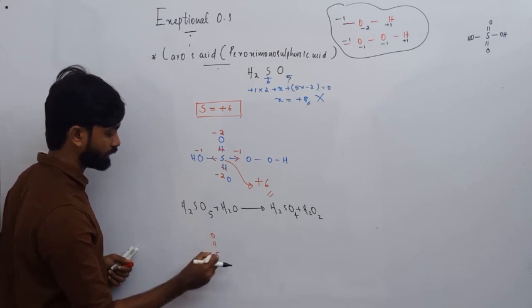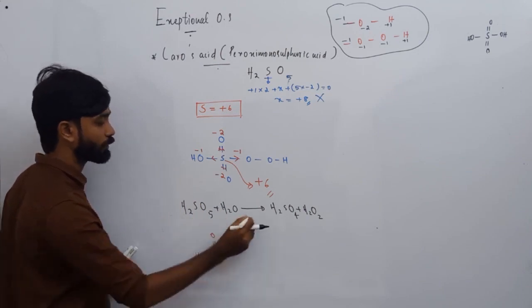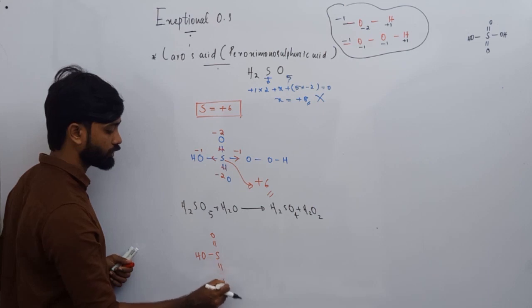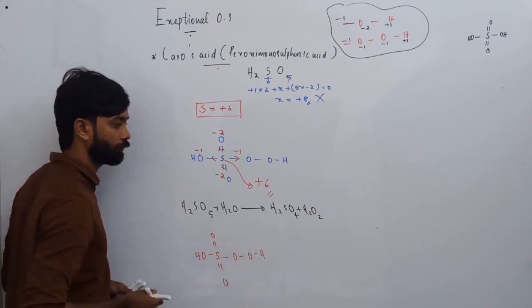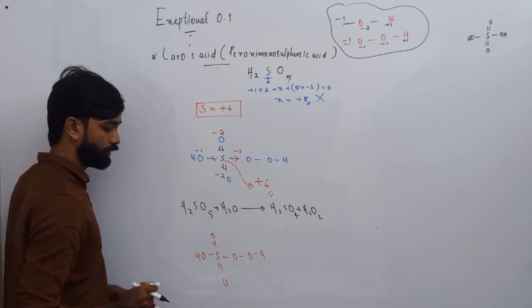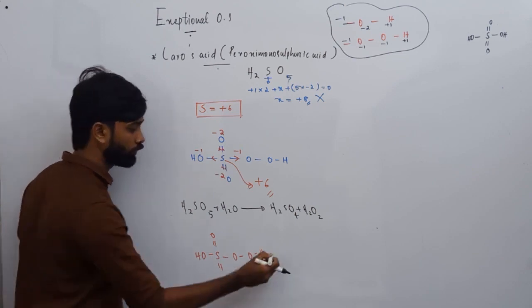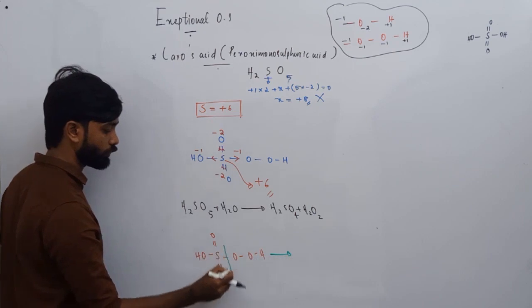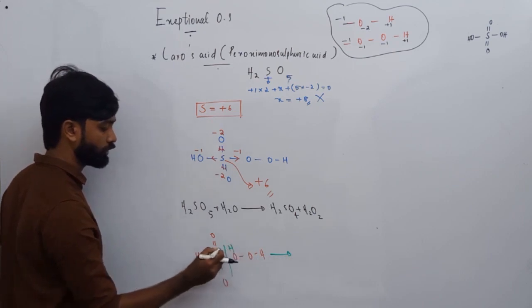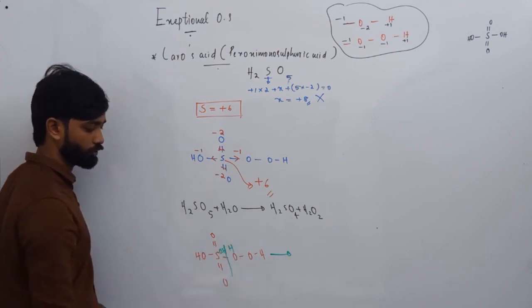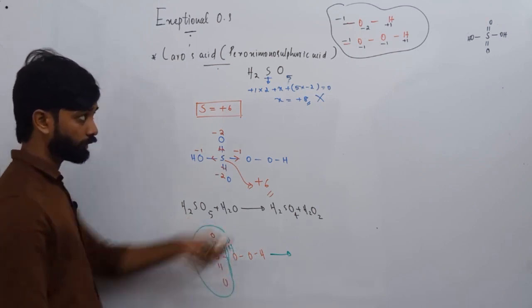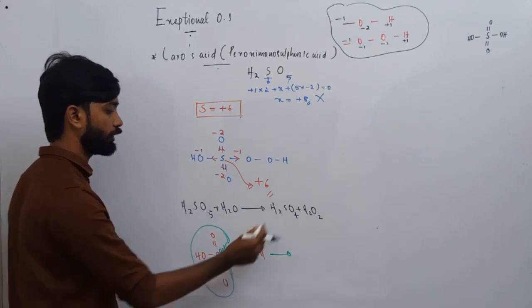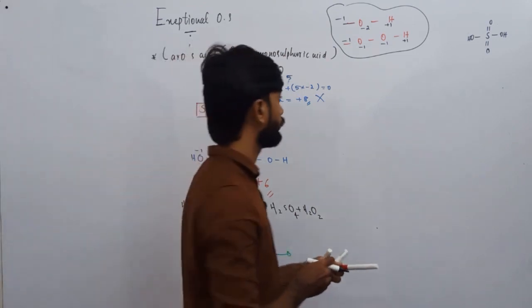This reaction will be discussed in the preparation of hydrogen peroxide in chapter number 9, hydrogen. Okay. How does the hydrolysis proceed? On adding water, this bond is cleaved, and here the H, and here will be the OH. So this one will be sulfuric acid, and this one will be the hydrogen peroxide. Okay.